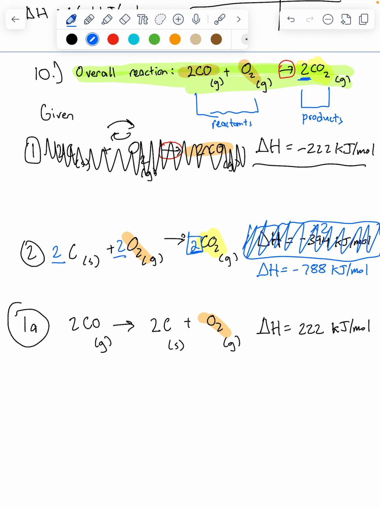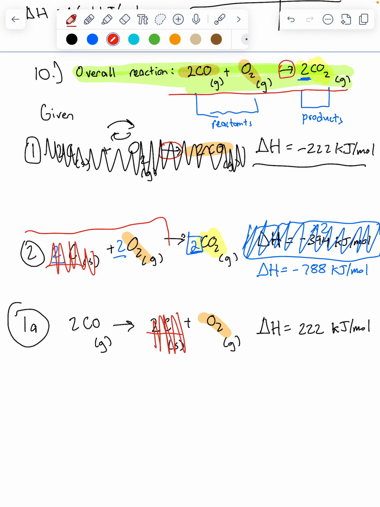All right, now we've lined up everything to get it to work out. We'll take a look at the O2 here. Let's first line up what we can cancel out here. We notice that there's no carbons listed anywhere in this balanced overall reaction. If we take a look, we've got 2 C's, 2 C's. Those carbons can cancel out.